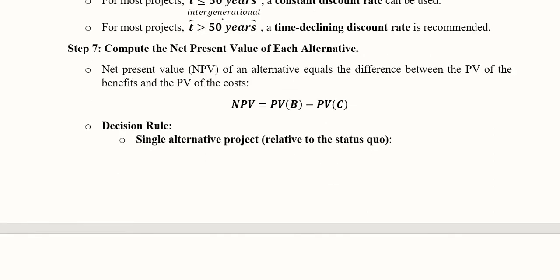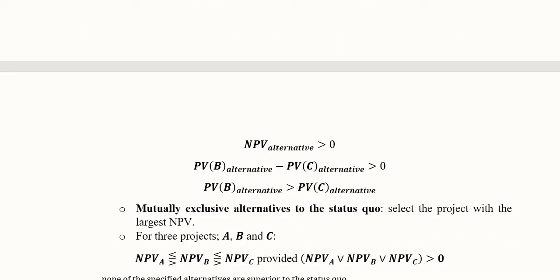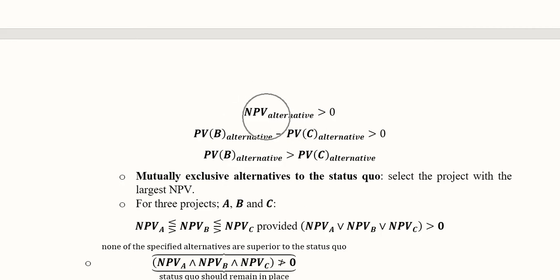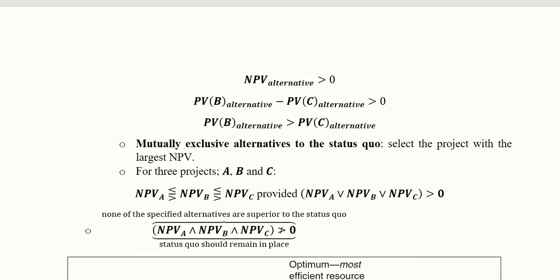Now the decision rule should be set here. If we have a single alternative of a project which is being compared with the status quo, then we simply need to check if it has a positive NPV, which means that the present value of benefits of the alternative minus the present value of the costs of the alternative is greater than 0.